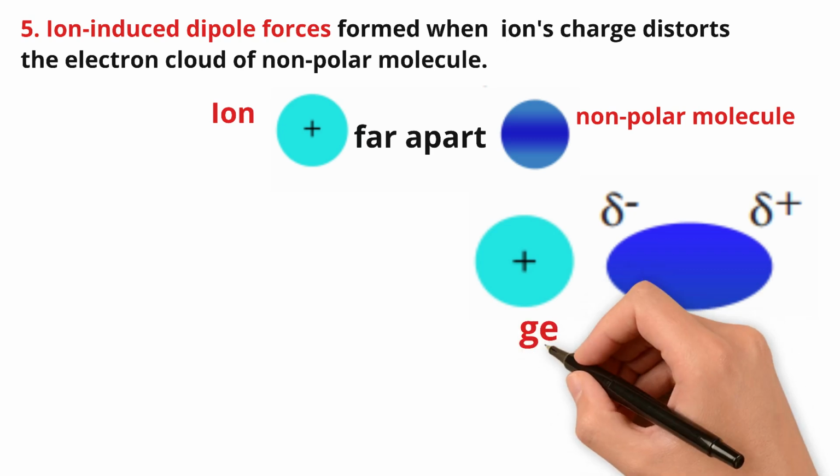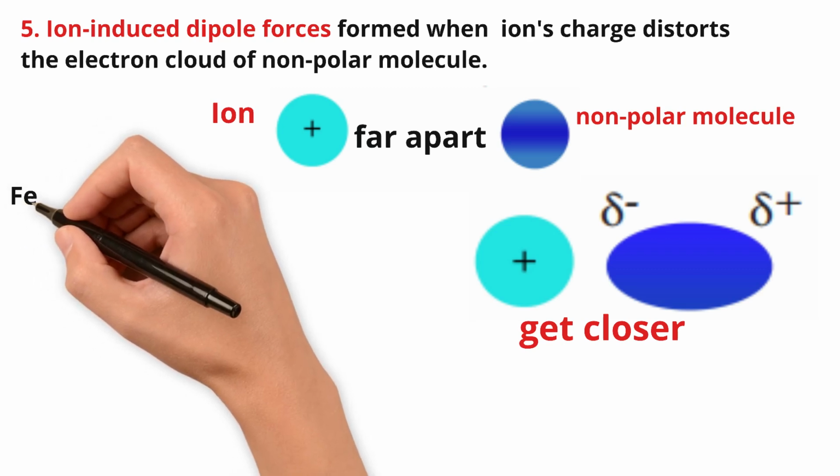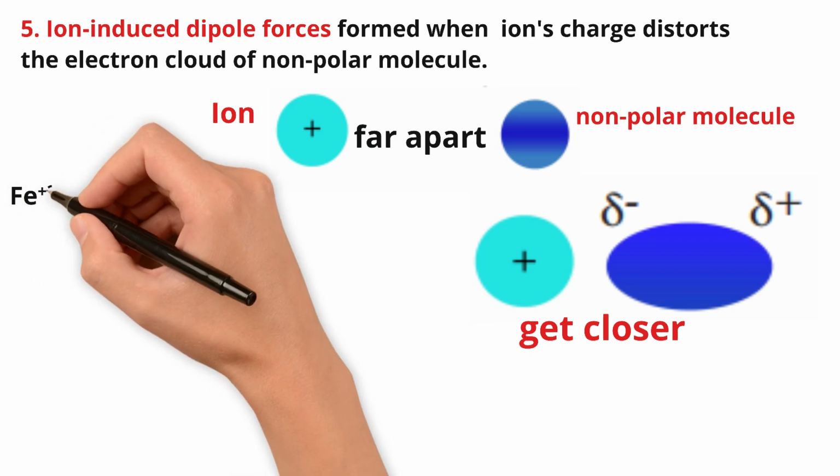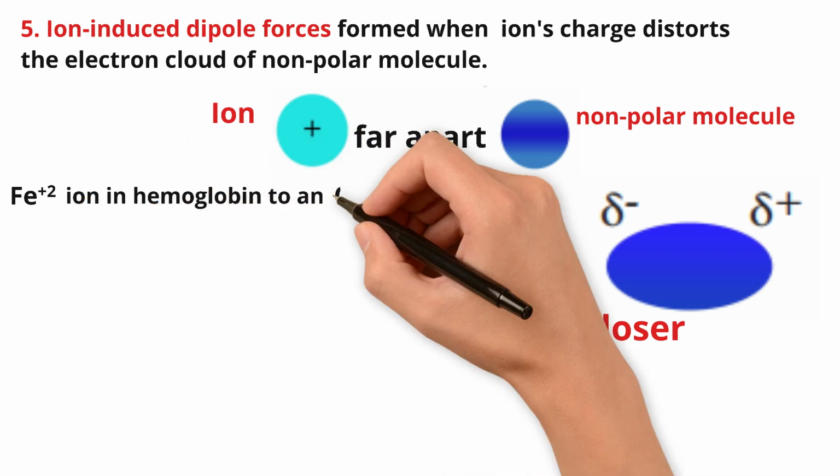But when the ion and the nonpolar molecule get closer, the nonpolar molecule loses its shape. Its shape changes from sphere to oval shape. And here there is charge separation because the ion distorts the electron cloud of the nonpolar molecule.